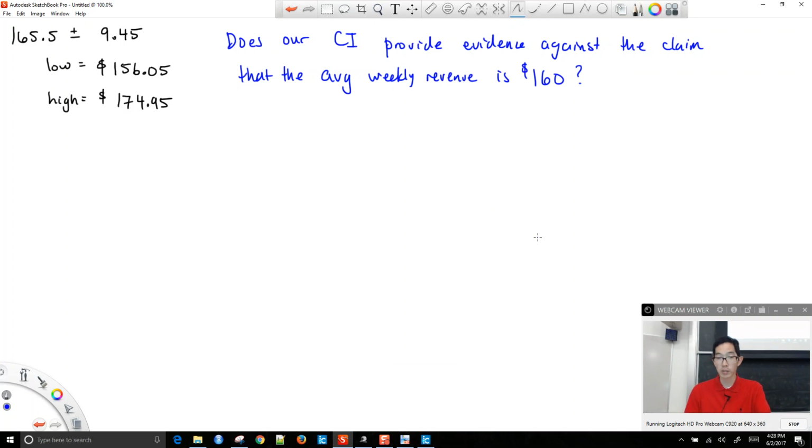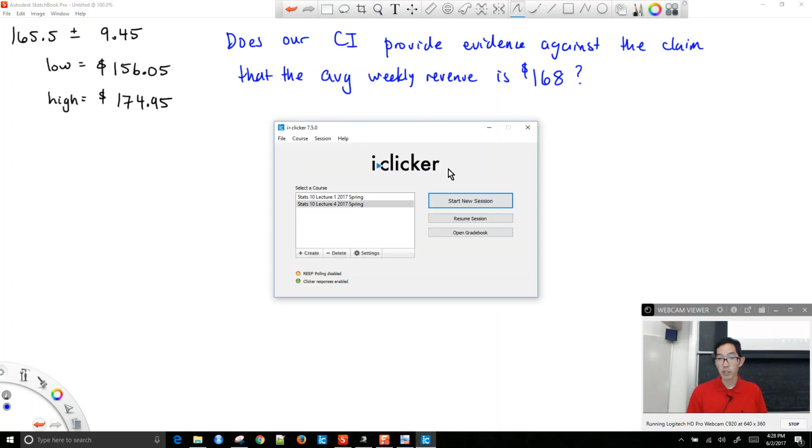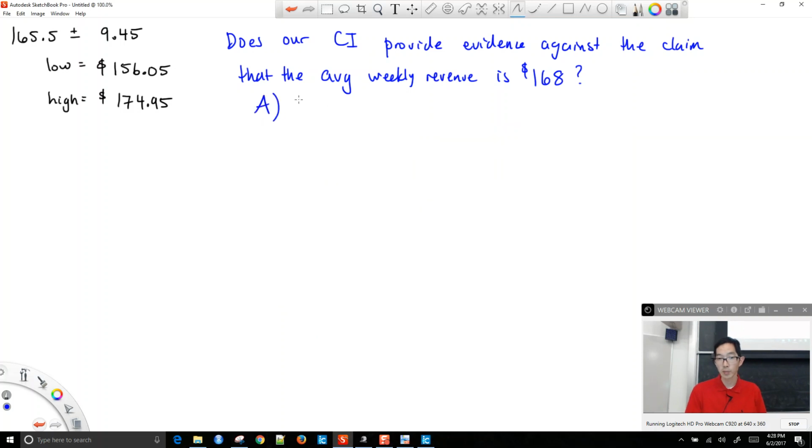All right, well, let's change that. We'll say $168. Does our confidence interval provide evidence against the claim that the average weekly revenue is 168? All right, let's start this session. Okay, and then A will be yes, B is no. Okay, go ahead.